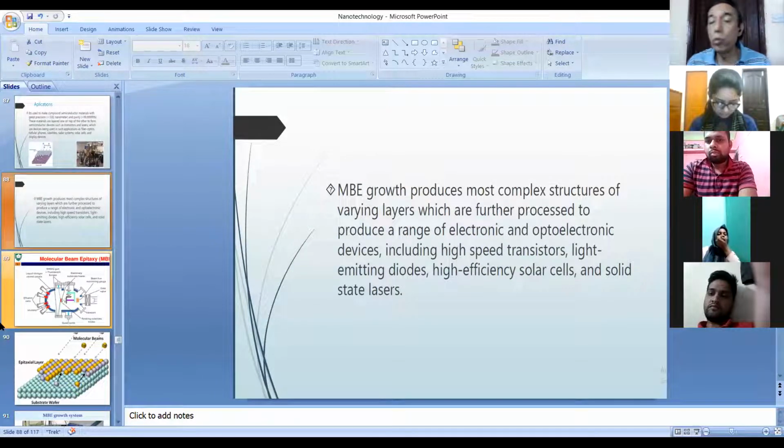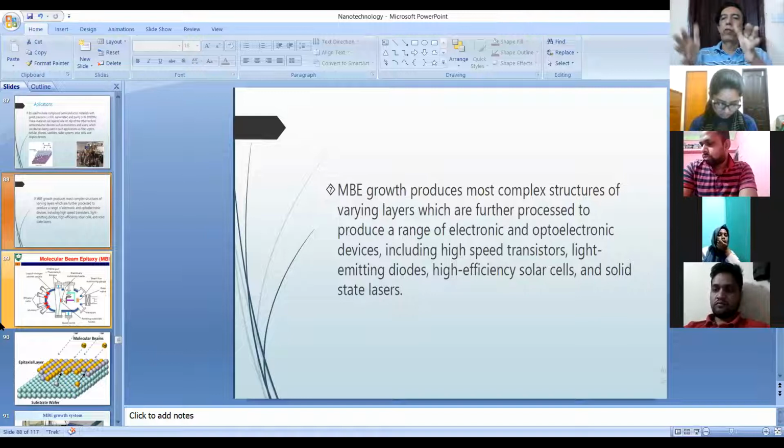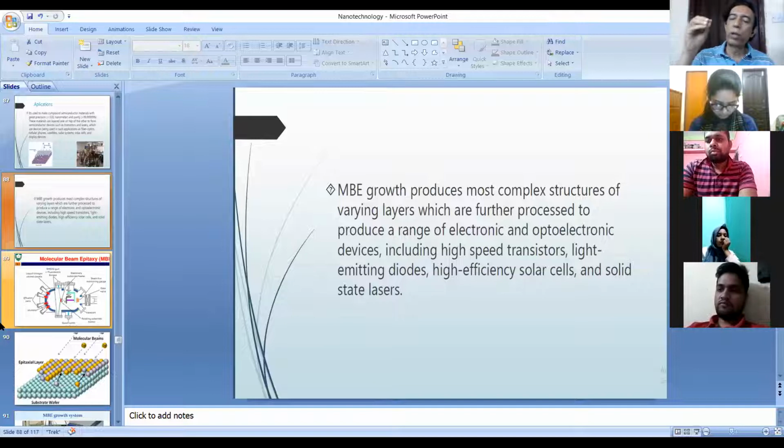Now, what is the use? Say I have a substrate of silicon, and I want to make a thin film of silicon over it. Why do I want to make a thin film on it?